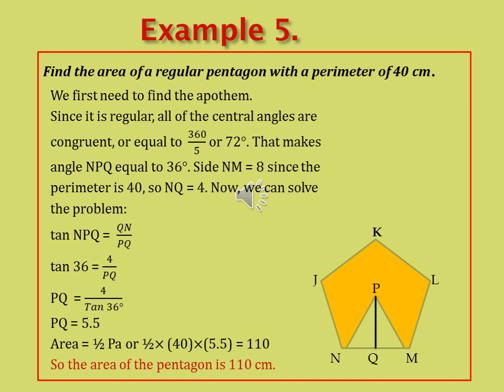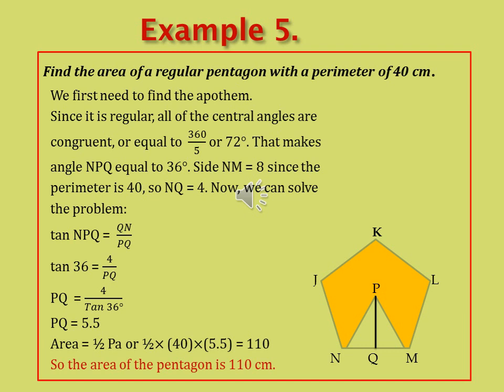And with 72 degrees, we know that the apothem PQ will bisect angle NPM into 2, such that angle NPQ will be half of 72, which is 36 degrees. And we know that if the perimeter is 40, then the length of one side will be 40 divided by 5, which will give you 8 centimeters.